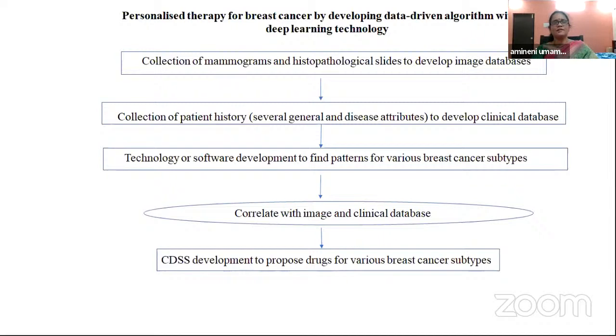Along with this database, we will collect the case sheets of the patients and maintain them as a clinical database. Once we have images, we will use deep learning algorithms, unsupervised ones, because here we do not have any numbers.